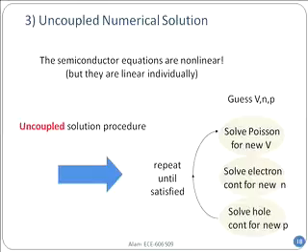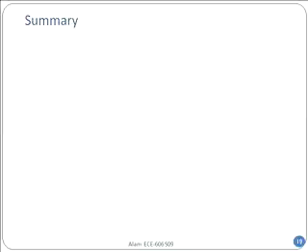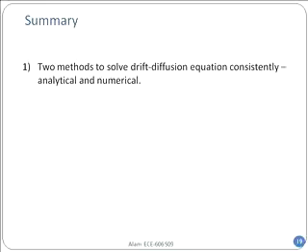I will not be asking any detailed question about this, but I want you, as a graduate student, to appreciate the complexity that goes behind it. Every time you solve a problem, a lot of things are happening behind your back, and understanding this physics is very important so that you don't make a mistake while doing a numerical simulation. So the summary is that we said two methods of solving the drift diffusion equation, analytical and numerical.